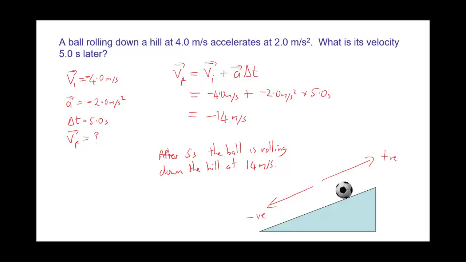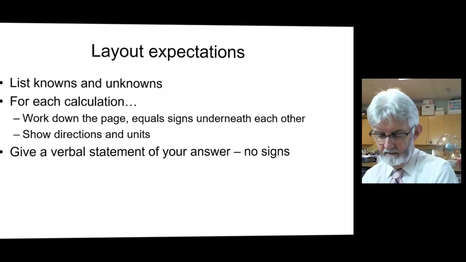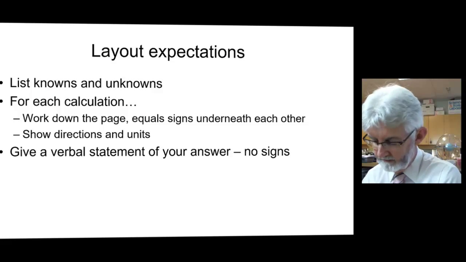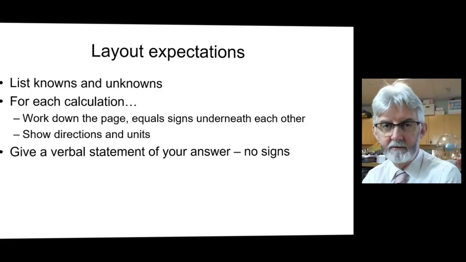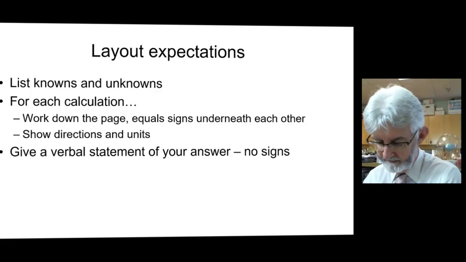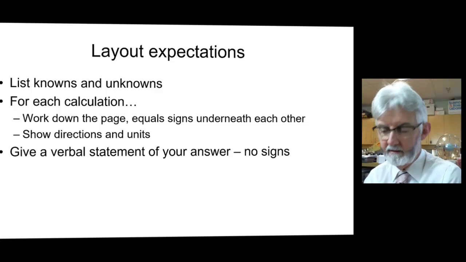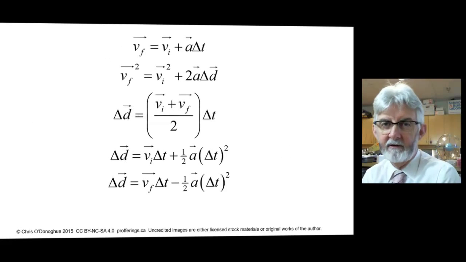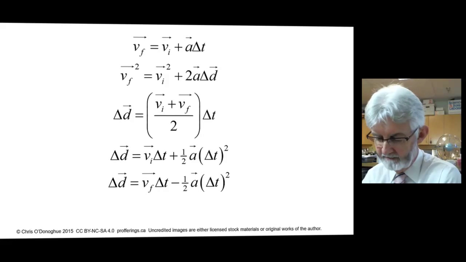So there we go. Our list of knowns and unknowns, work down the page, equal signs underneath each other, show directions and units, they matter, and give me a verbal statement of your answer. In later lessons, we'll explore these kinematics equations a little bit more, but for now, that's enough.